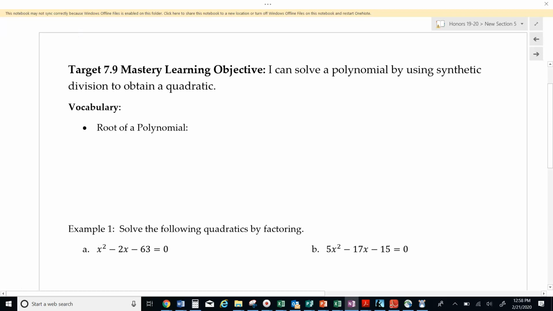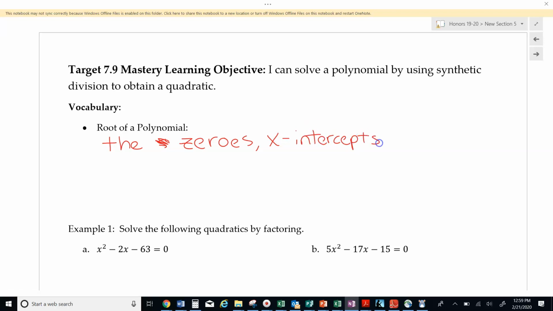Your roots of your polynomial are the zeros, x-intercepts, and or solutions. These are all the different names we have for the thing. So the root is just another name for zeros, x-intercepts, or solutions.